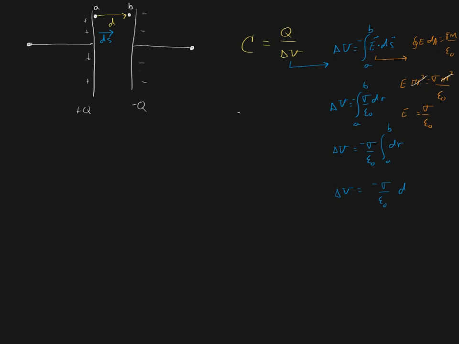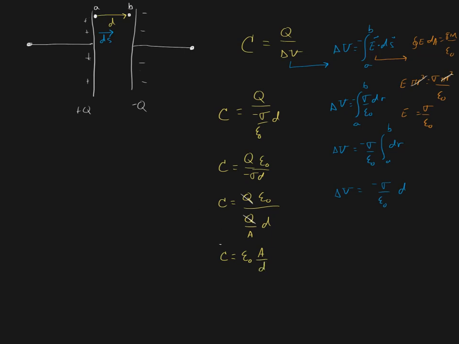Remember, that's all we're doing, just defining what capacitance is in terms of other variables, and we get C is equal to Q over negative sigma over epsilon naught times D. Now we can move epsilon naught up into the numerator, so C is equal to Q epsilon naught over minus sigma D. And now we get to rewrite sigma, which is charge per unit area, so we can cancel out the charge, A will go into the numerator, and we get C is equal to epsilon naught A over D.